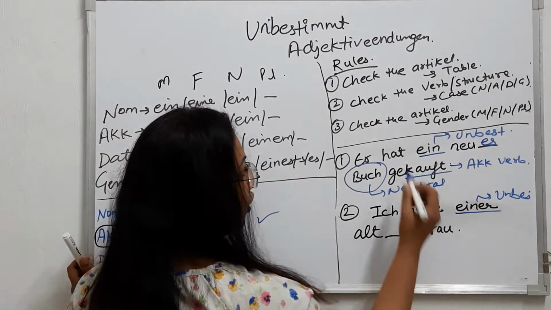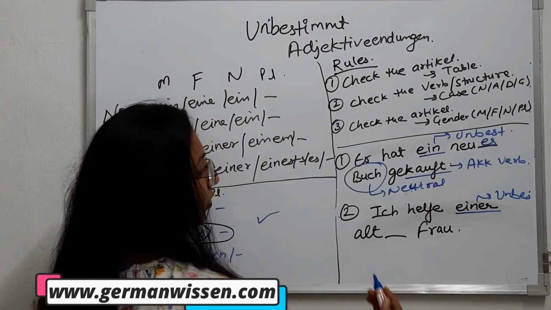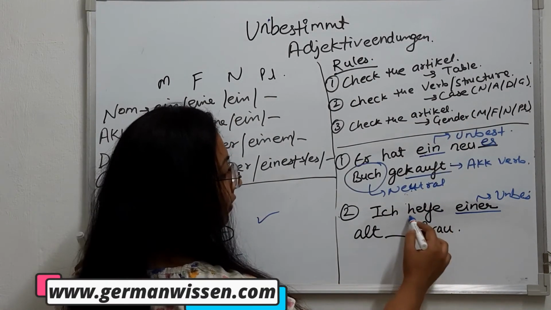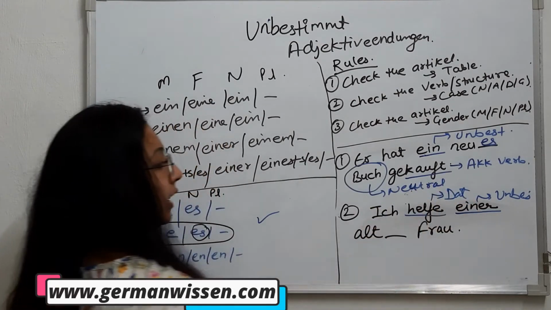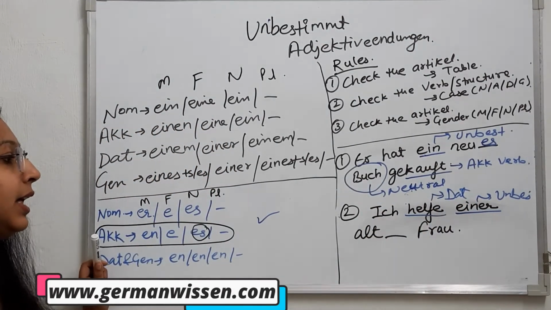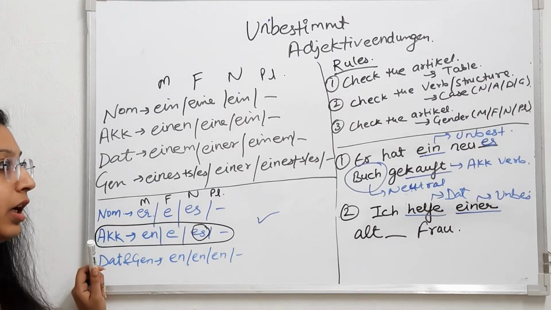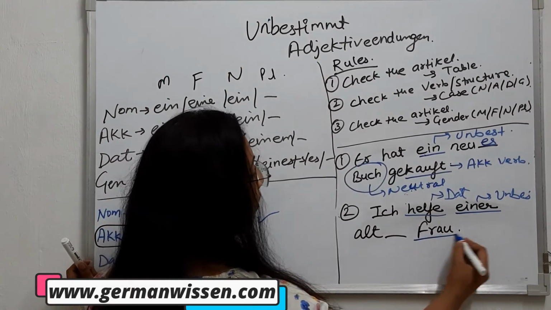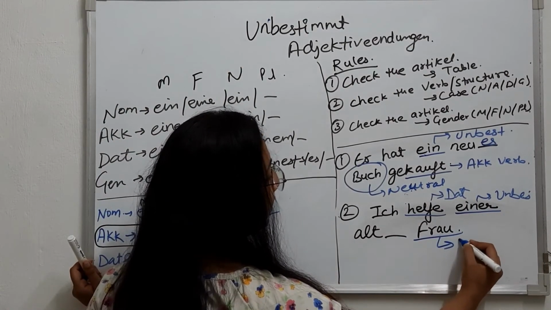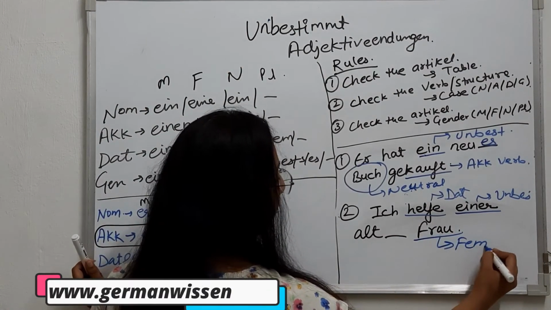Next is check the verb or structure. The verb here is helfen, which is a dative verb. Then we have the article again to know the gender. We can also check it with the noun. The noun here is Frau, which is a feminine noun.